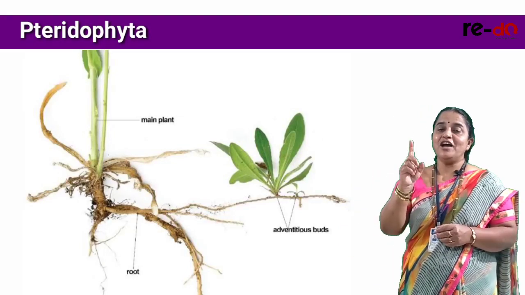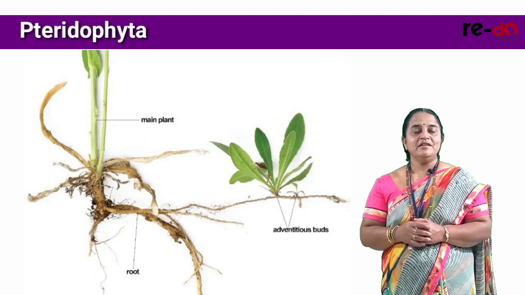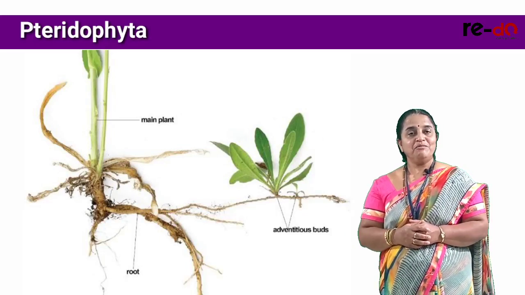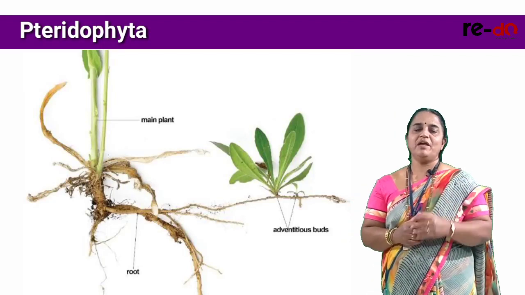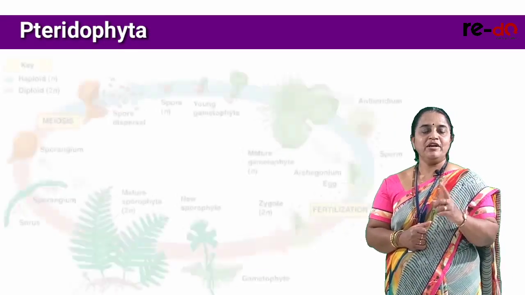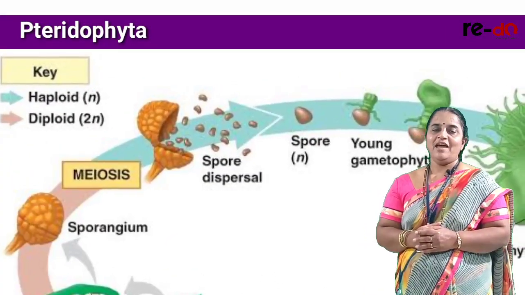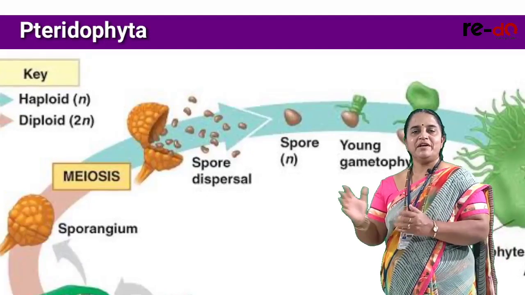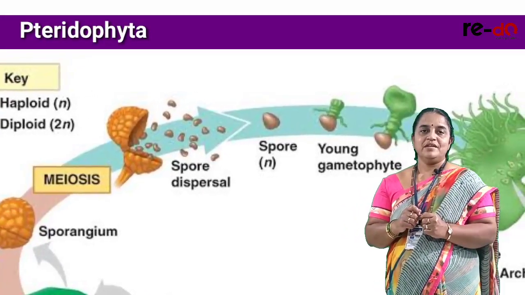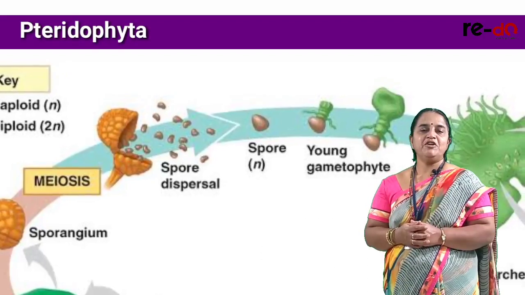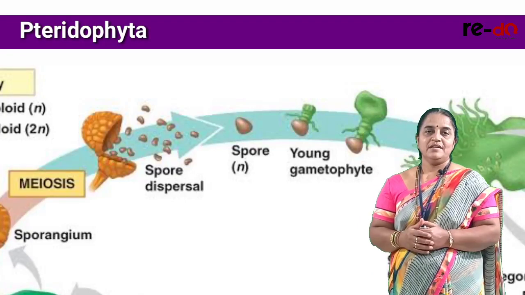The ascending axis, which grows above the soil, represents the shoot system, having a central axis stem with well-developed leaves. This true plant body is diploid in nature, having 2n number of chromosomes, and they are called sporophytes. The plant producing spores. So the dominant stage in Pteridophyta is the diploid sporophytic stage.